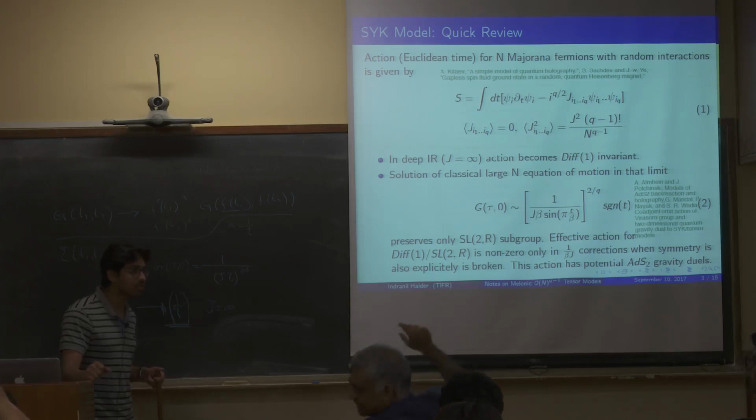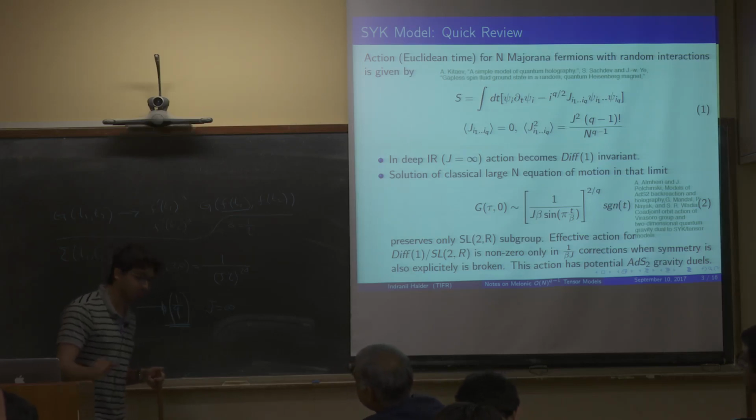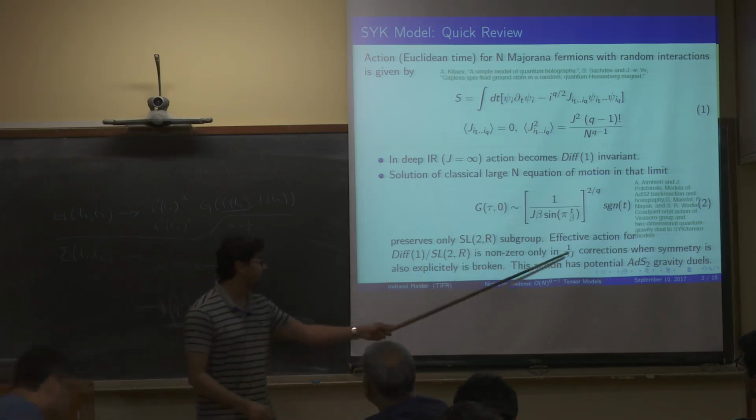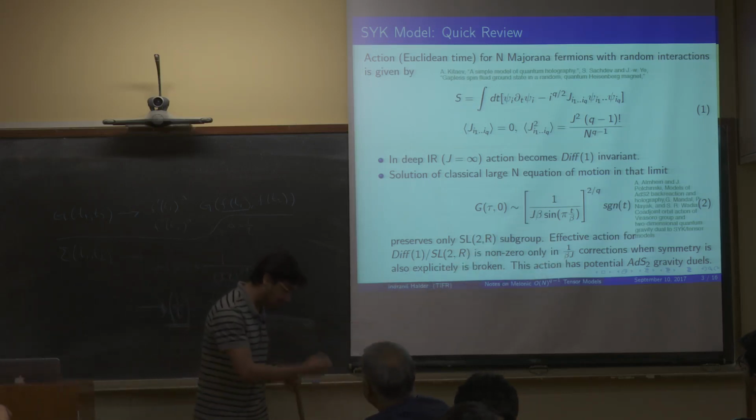Yes, even there we are breaking the symmetry spontaneously. It's like the kinetic term you would get in spontaneous symmetry breaking, and this kinetic term is 0. When you go a little bit away, at order 1 by j, you are breaking it explicitly also, and then you get the mass term, which is the non-zero action I am talking about.